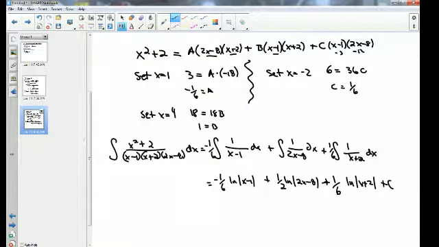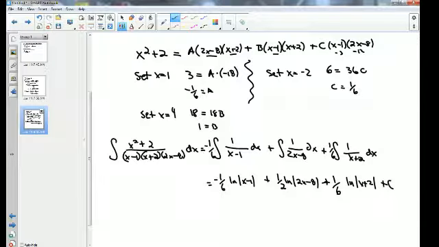So stay organized. Any questions? What's the derivative of natural log 2x minus 8?